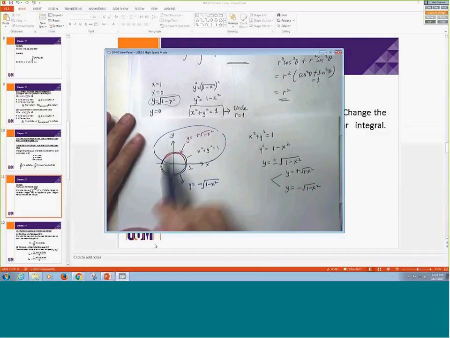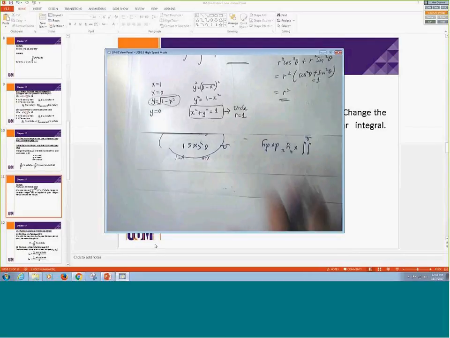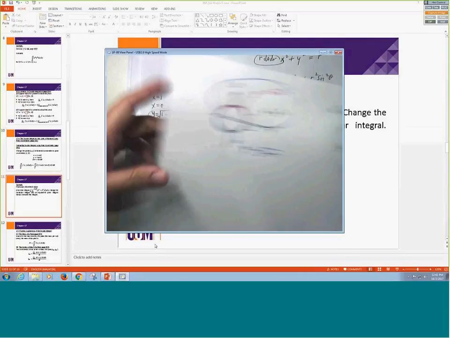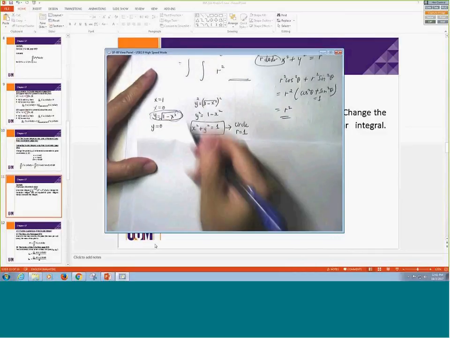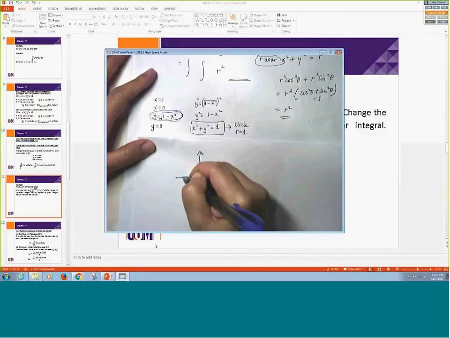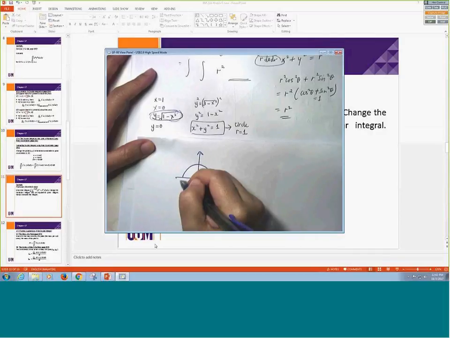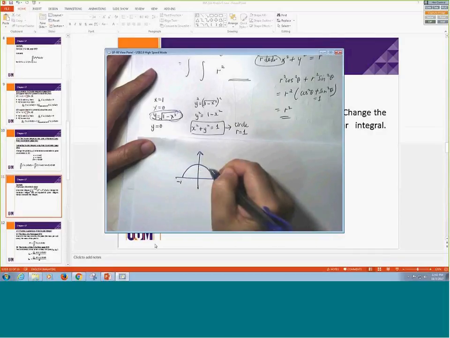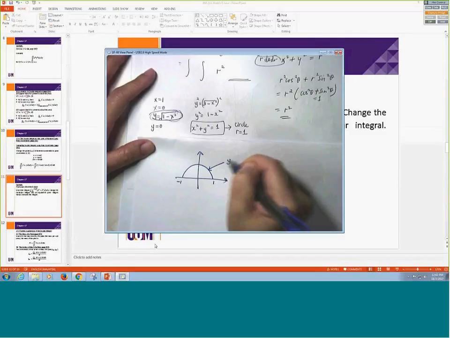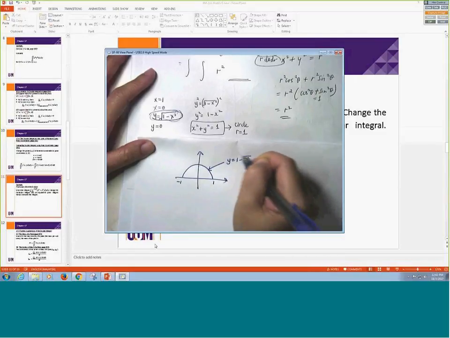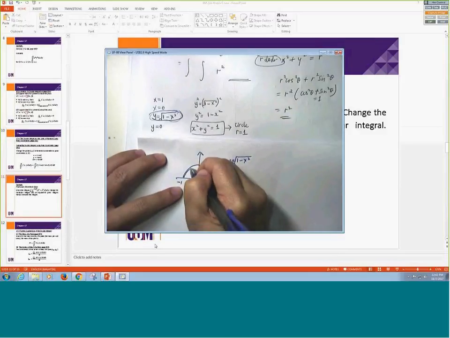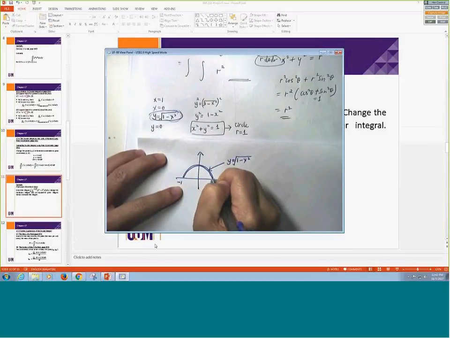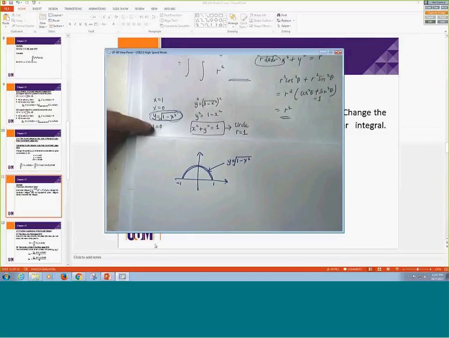So the region R here is the upper hemisphere, with radius 1. This is y equals the square root of 1 minus x squared. Then y equals 0 is the horizontal line.